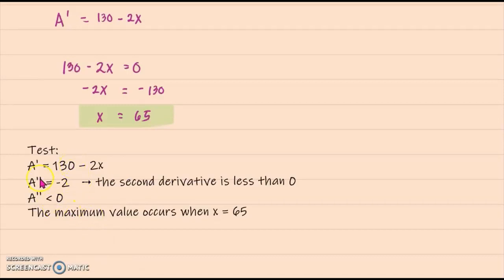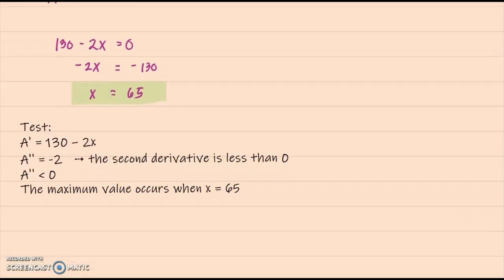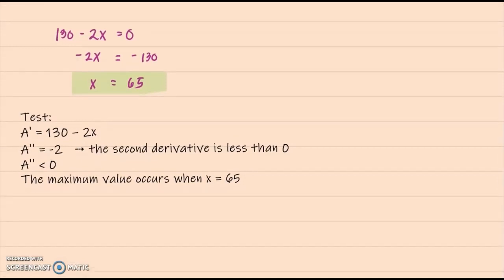Now let's test our first derivative of A, or our A prime, which is 130 minus 2x. Our A double prime, or our second derivative, is equal to negative 2. And since negative 2 is less than 0, the maximum value occurs when x is equal to 65. So we can solve now for y.